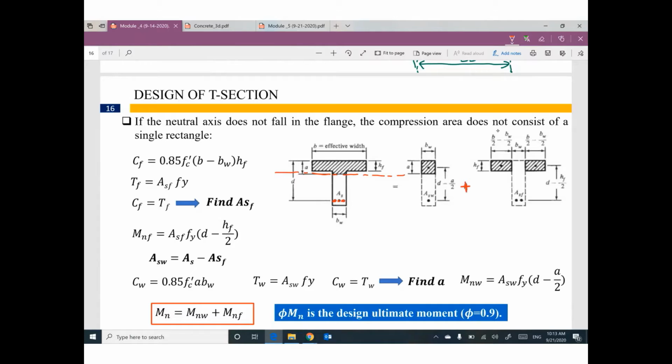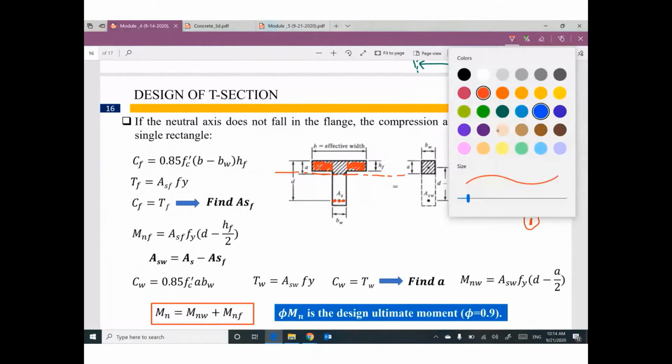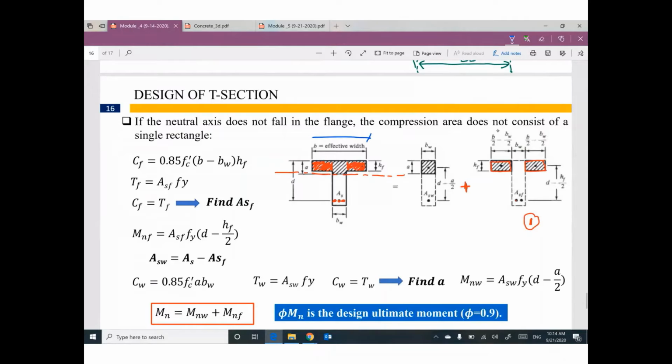First part is this part of the cross section and this part of the cross section with a little bit of this area steel, not all of area steel, but a little bit. So we have area steel flange with this part and this part. Remember, I can figure out the total width for the cross section, B effective.